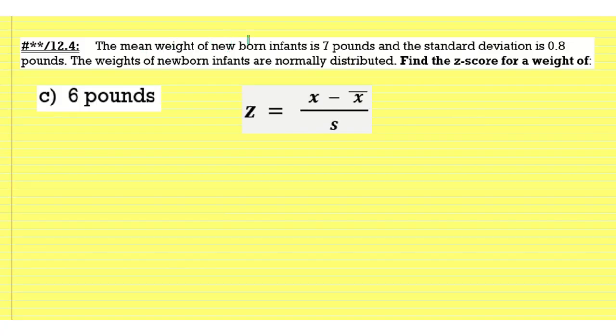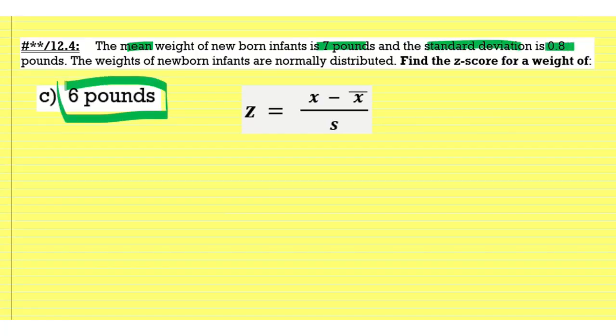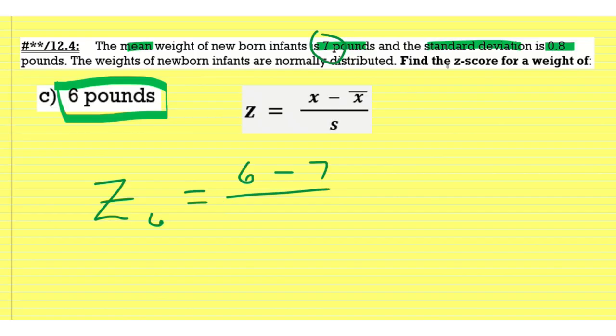Okay, the next one says again that the mean weight of the babies is 7 pounds, standard deviation still 0.8, and they want us to find the z-score for a 6-pound baby. So that means the z-score of a 6-pound baby is going to be equal to the data point of 6 pounds minus the mean of 7 divided by the standard deviation of 0.8. And 6 minus 7 is -1 divided by 0.8.